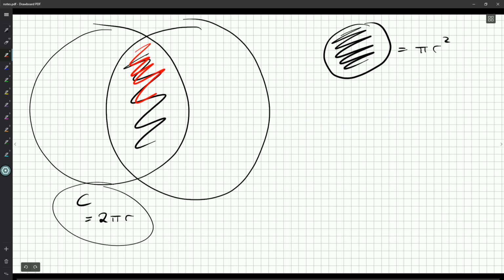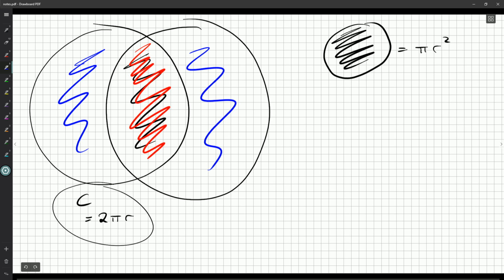I know that the shaded area is the same as the two unshaded regions. So my blue regions have an area that is 1/2. Each of the two blue regions is 1/2 the area of the full red region, right? And we know that area.